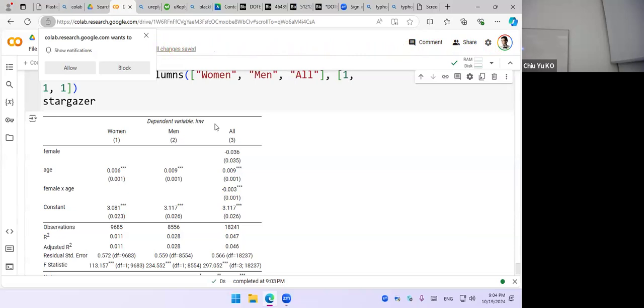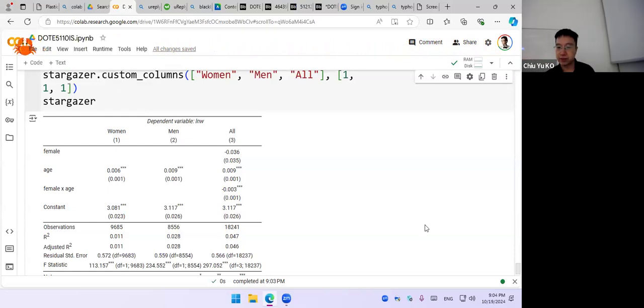Okay, so let me do it again. If you combine this regression, it's the same as separating into two equations. This is the same as this one, and this and this give this one.